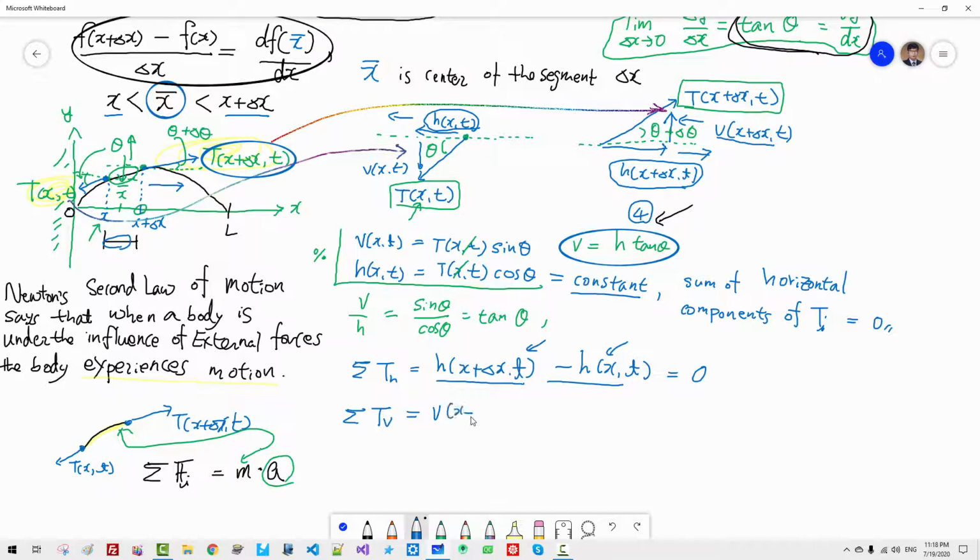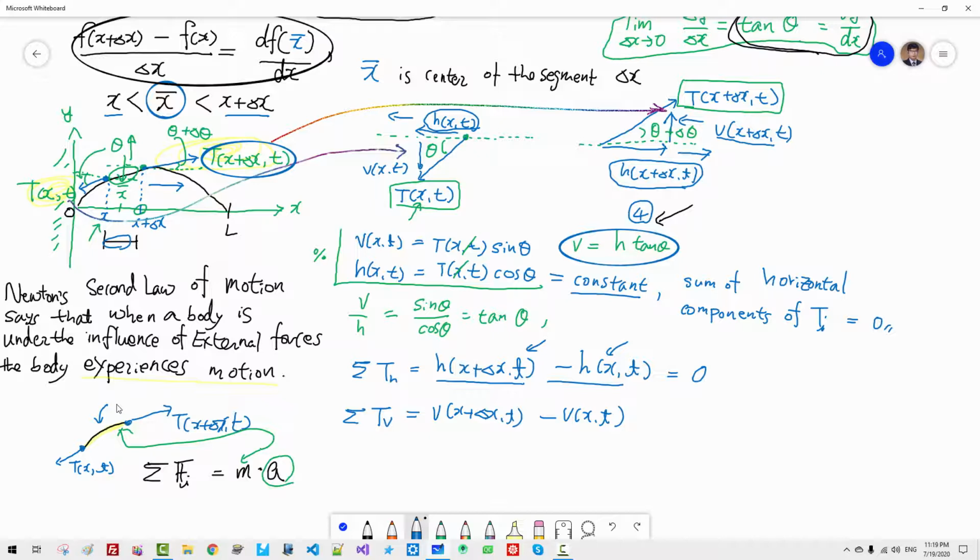V(x plus delta x, t), this term is positive. In this case, V(x, t) is pointing to the decreasing y direction, so negative V(x, t). This is the net force exerted on this segment.